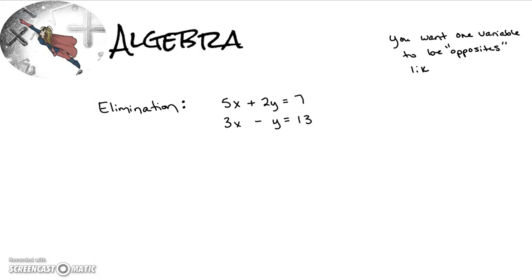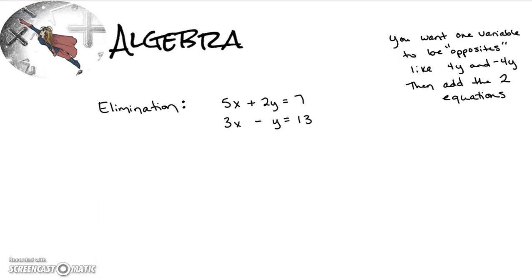Like, for example, if there's a 4y, then you would also want in the other equation a negative 4y, because then once you get that, you will add the two equations. So that's the rough idea of what we're doing.